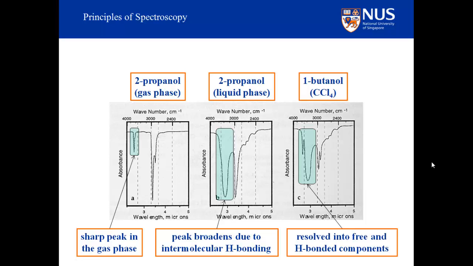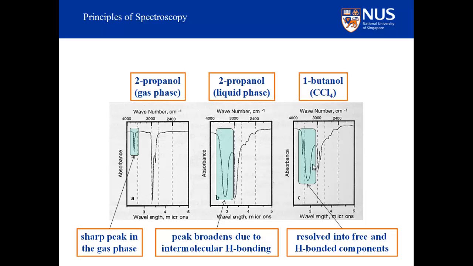What about 1-butanol in carbon tetrachloride? Well, in fact, we've got a separation of OH frequencies that depends on the environment. We've got 2 frequencies associated with the OH stretch. We've got one here at around about 3600 wave numbers, and we've got one here at around about 3400 wave numbers or so. Well, what is going on? Well, when you're in solution, you have butanol molecules which are indeed interacting with one another because they find themselves close enough to each other for hydrogen bonding. But if it is not too strong, then of course these molecules may become isolated because the carbon tetrachloride solvent itself is not interacting with the butanol. So you're getting a kind of summation.